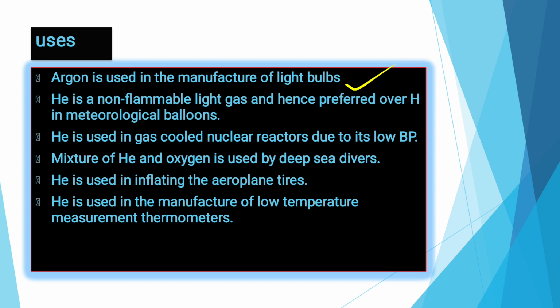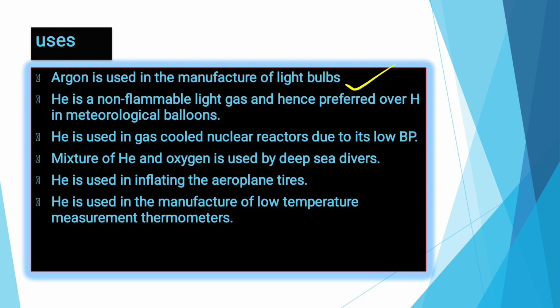Then we have helium, a non-flammable, light gas, and hence preferred over hydrogen in meteorological balloons. So you note that in meteorological balloons, when we inflate a balloon using a gas that is very light, it has the tendency of moving upwards through a property in physics called the Archimedes principle.